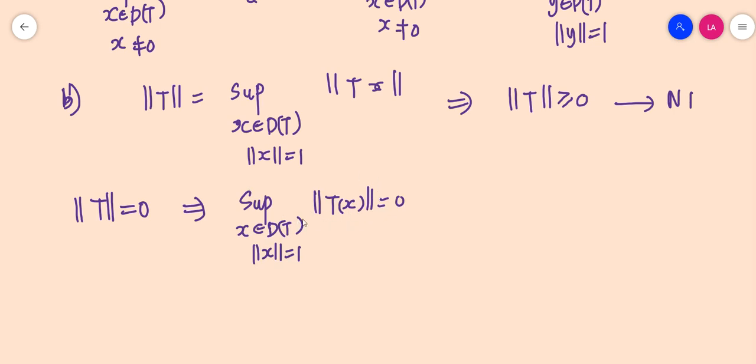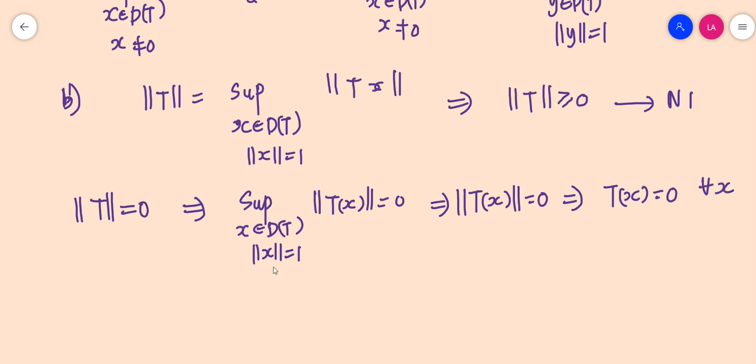Because the supremum is the upper bound, and the upper bound is equal to 0, and each of these is a positive quantity, it means that T x is equal to 0 for all x.